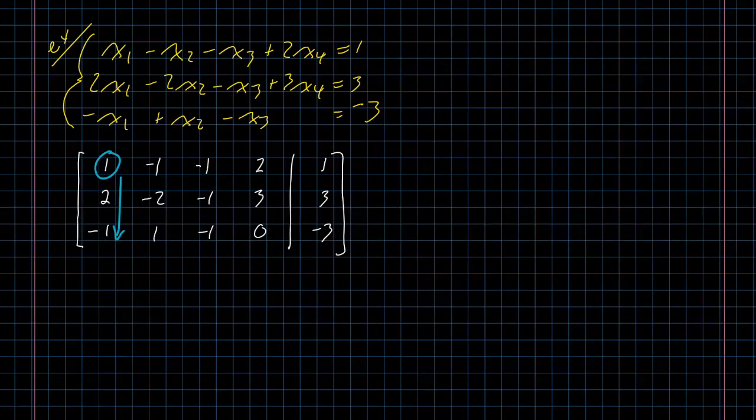Figure out what you need to do in order to make the other entries in the first column 0. In this case, if I take the second row, which has a 2 in it, and I subtract 2 times the 1 in row 1, then it will be 0. And if I take the third row, which has -1, and I add the first row, which has +1, it will be 0.